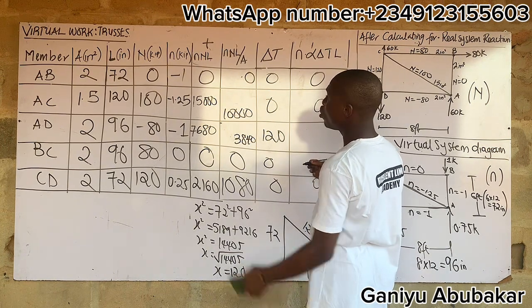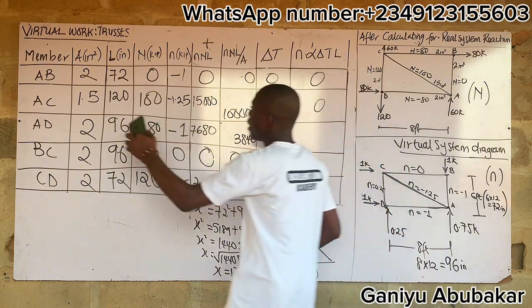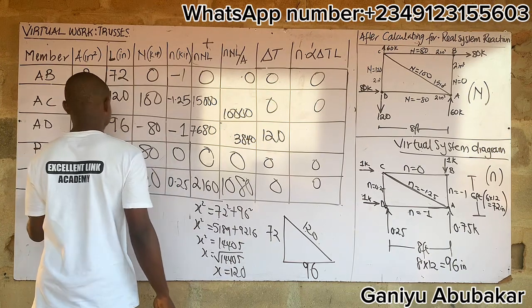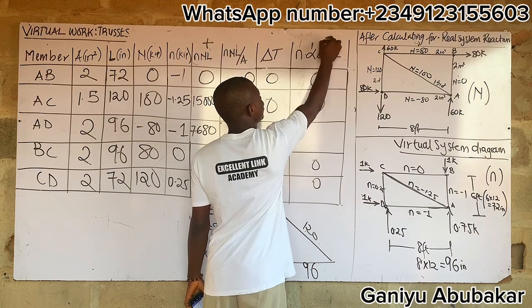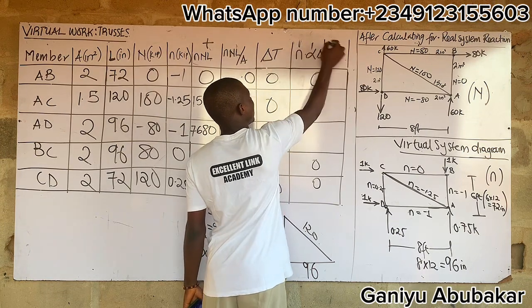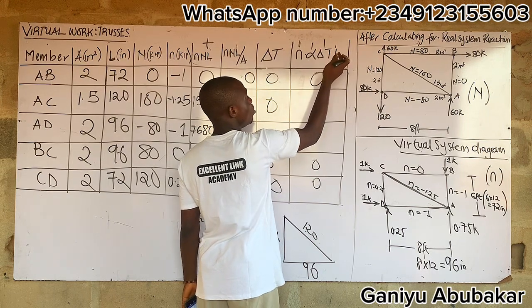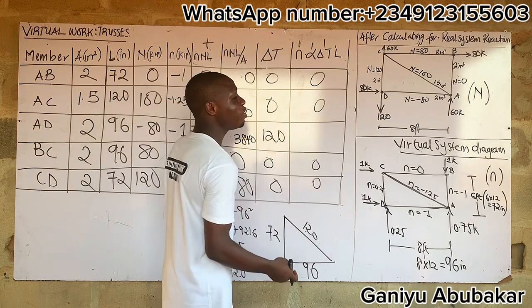Why? Because AB, AC, BC, and CD don't have a value for alpha. They don't have a value for changing T. They have only N and L. And it's not possible. Since it is not given, it becomes 0. So 0 times N and L is 0. So here it becomes 0. I'm only giving the value for what?